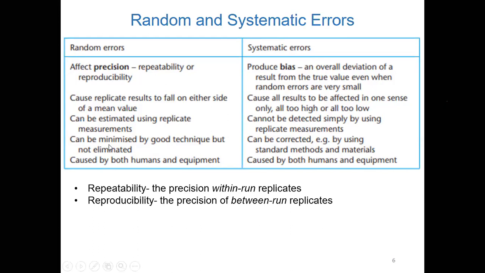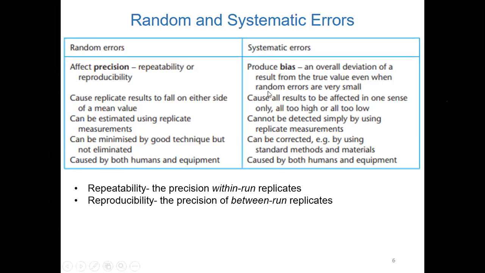And okay, then let's move to the second example. Random errors cause replicate results to fall on either side of a mean value. You can remember in the previous example also, the results can fall on either side of the true value or mean value.